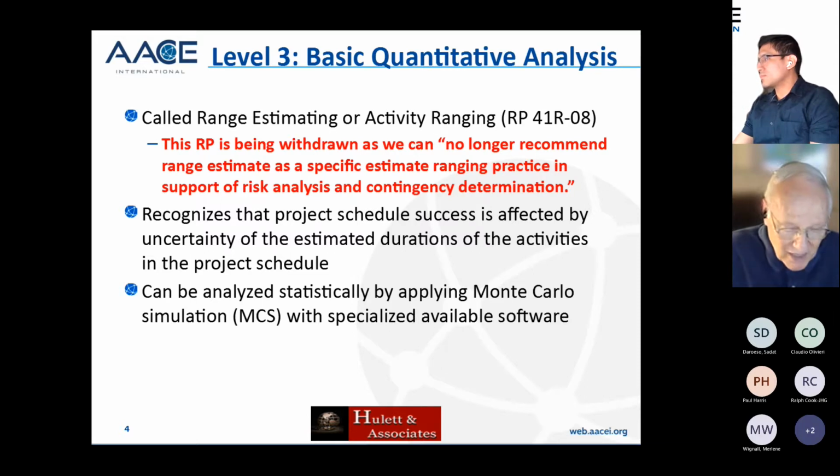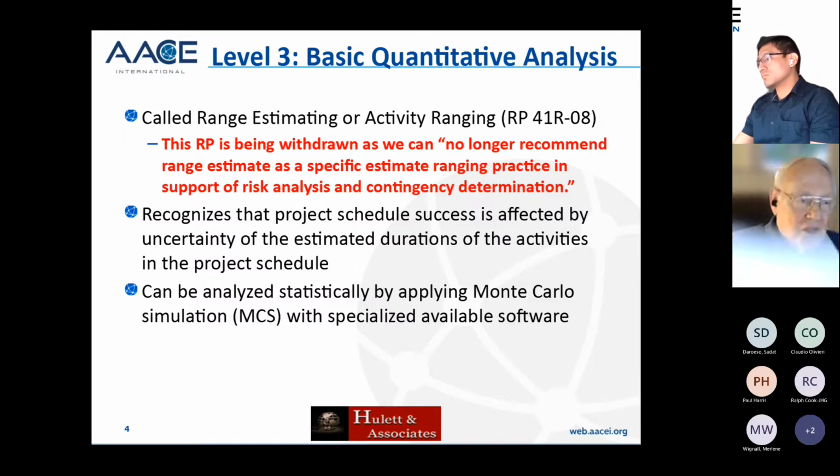And in Understanding Estimate Ranging, it says about 41R08, this RP is being withdrawn as we can no longer recommend range estimating as a specific estimate ranging practice in support of risk analysis and contingency determination. So when it is put down in this paper as a source, it is as a source canceled in 2021.